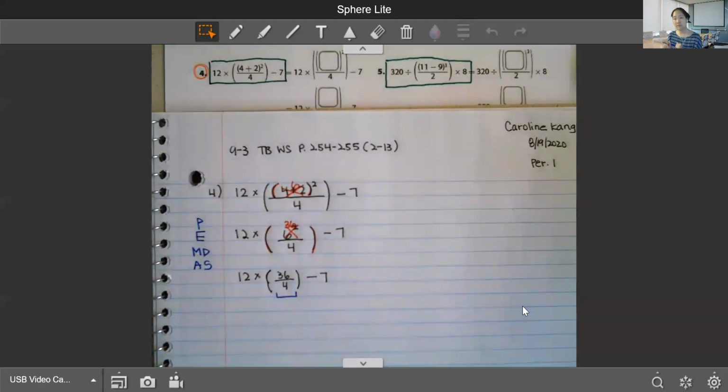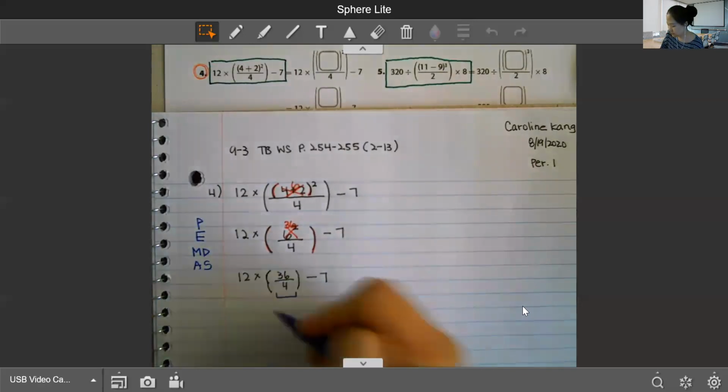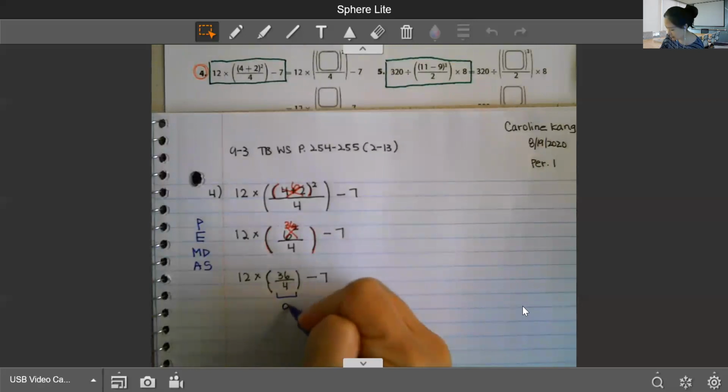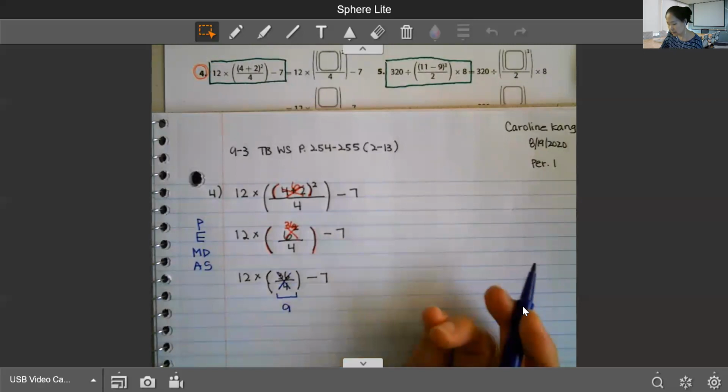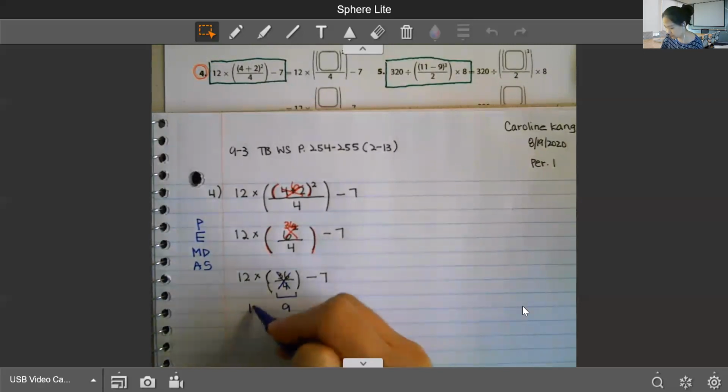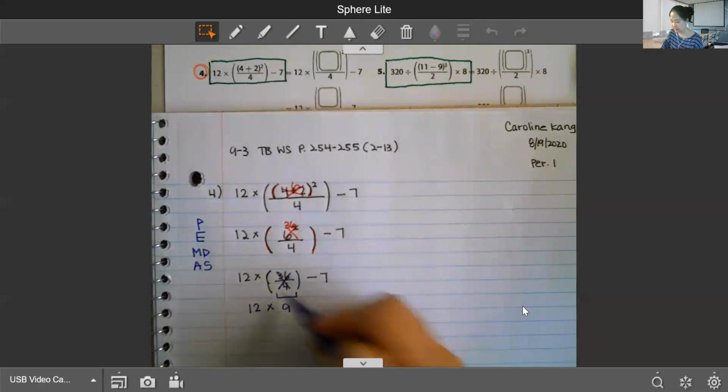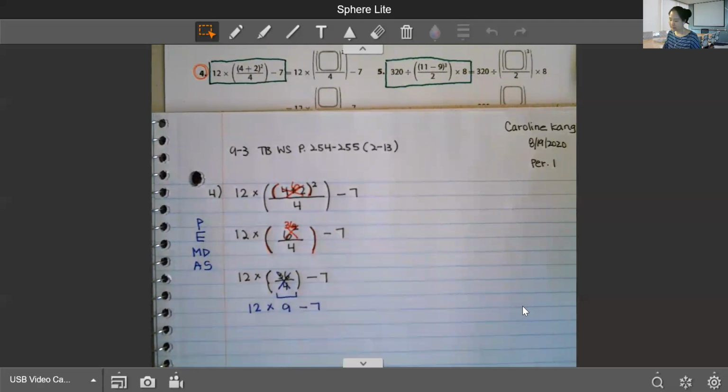Remember, fraction means division. So 36 divided by 4 is 9. I'm going to write 9 and copy down the rest. So I have 12 times 9 here. Finally, I get to get out of the parentheses, minus 7.